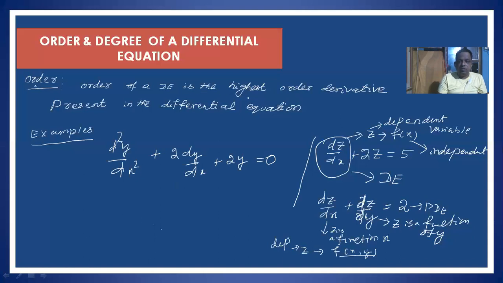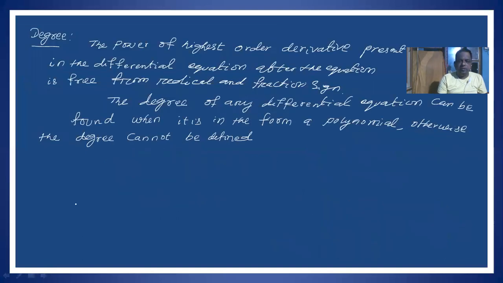Here this is a second order derivative and here a first order derivative. So 2 is obviously greater than 1. So the order of the differential equation is 2, because this equation contains second order and first order derivatives, and second order is obviously greater. So the order is 2.